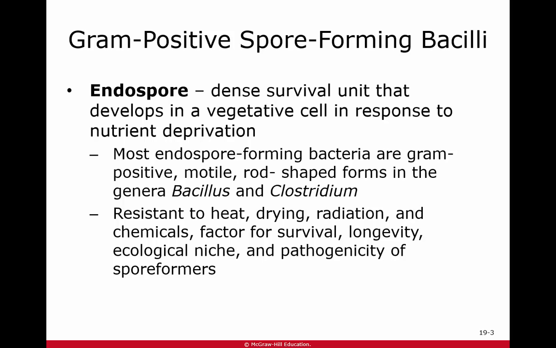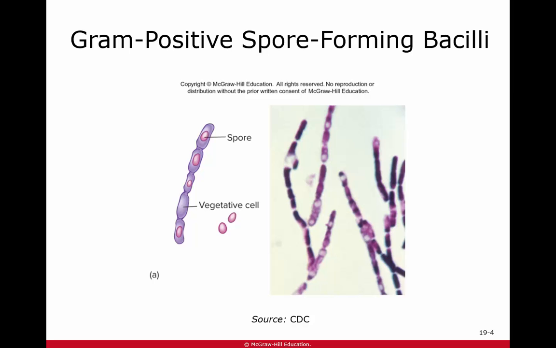Remember, endospores are resistant to heat and drying and radiation and chemicals, anything that might kill a vegetative cell. They resist that because they are in survival mode. And you can see here the vegetative cells and the spores that they form.